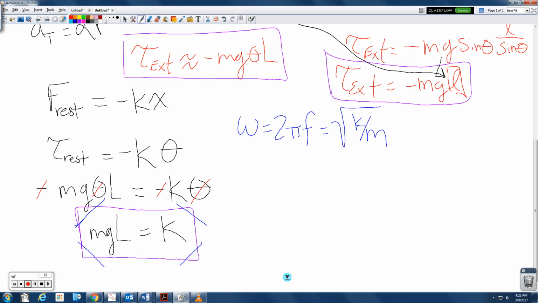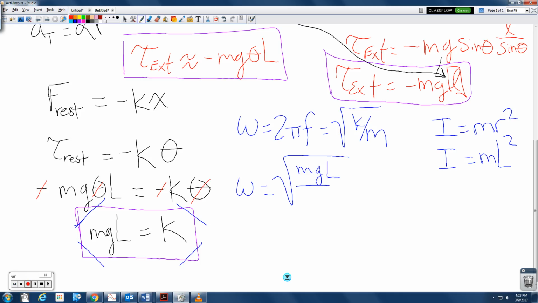Now for us, we have a rotational situation where we have to deal with a moment of inertia, not just a mass. Remember, a moment of inertia is mr squared. We don't have any strange geometry or distribution of mass, so there's no coefficient in front of it. And so our moment of inertia for our pendulum is mL squared, because the radius is big L, the length of the pendulum. So for our omega, we have the square root of k, which we just found was mgL, divided by, not the mass, but the moment of inertia, mL squared.